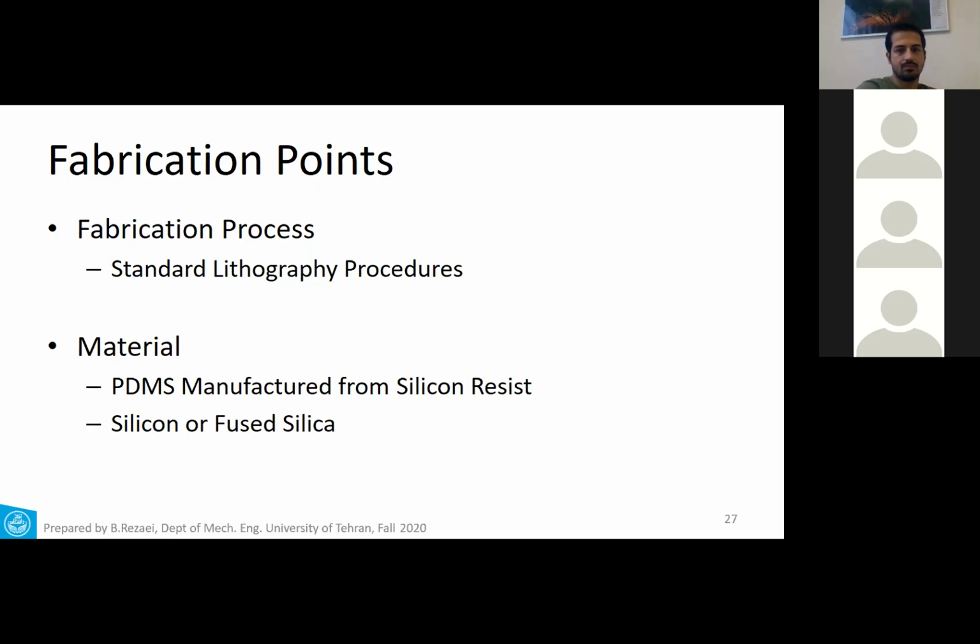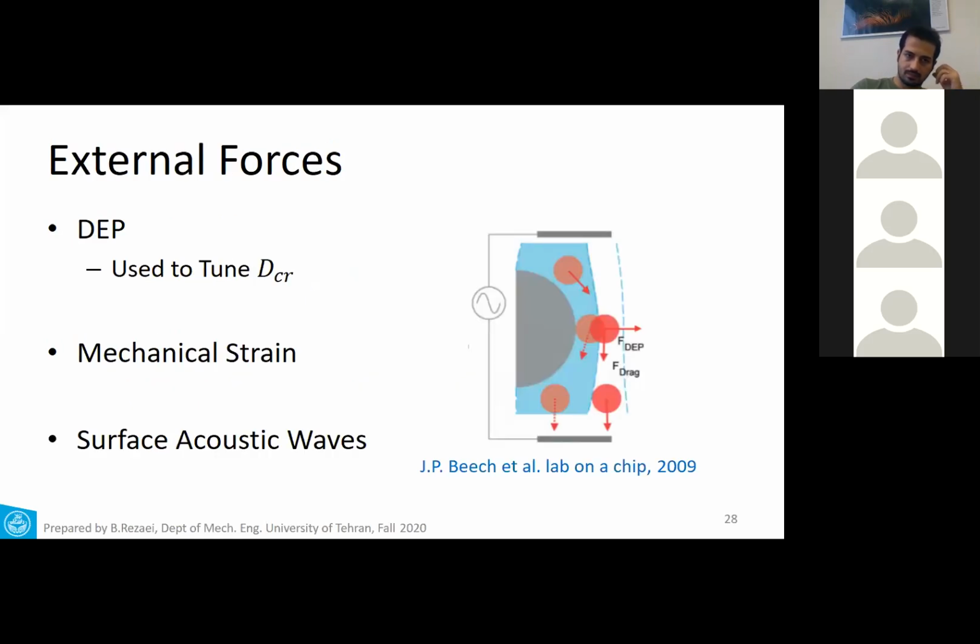And the last thing I want to say is that sometimes there have been some researchers that have added external forces. For example, Mr. Peach in 2009 used an electrical field to change the critical diameter of the DLD.